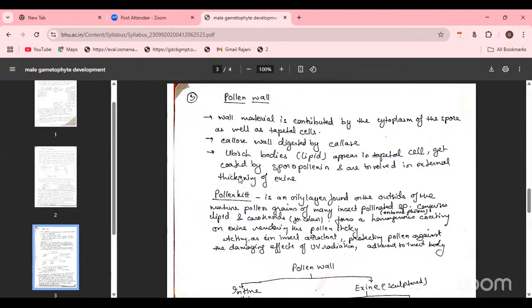These tapetal cells get coated by sporopollenin, and they are responsible for the extended thickening of the exine.